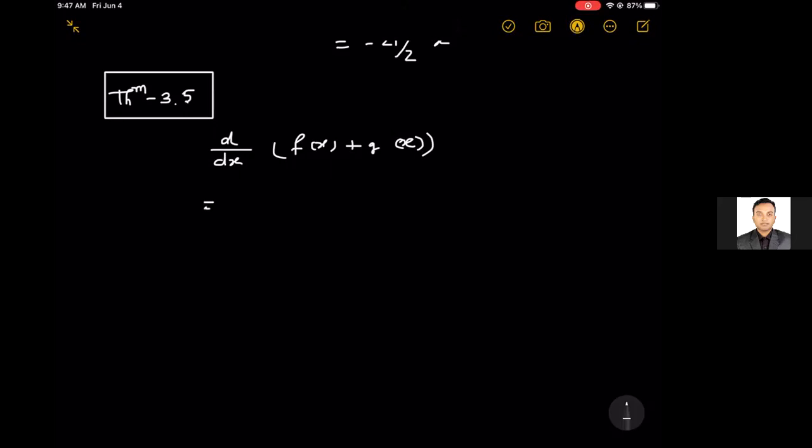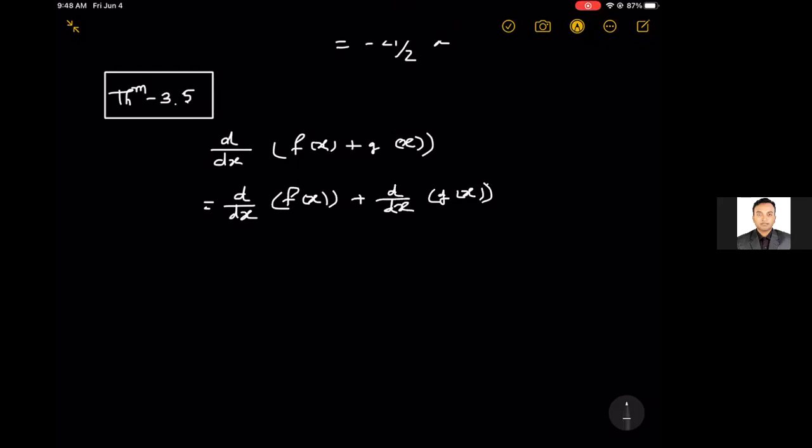So it would be the sum of the individual derivatives of these functions, okay? Now, what does this mean? That means if you have more than one function, it's actually true for any number of functions, okay? As long as you have more than one function, you can use it.